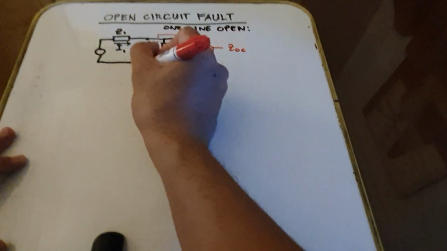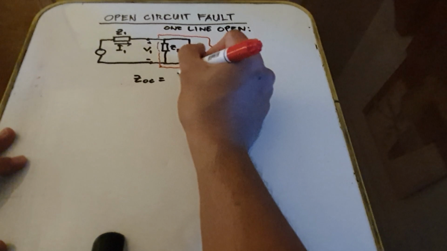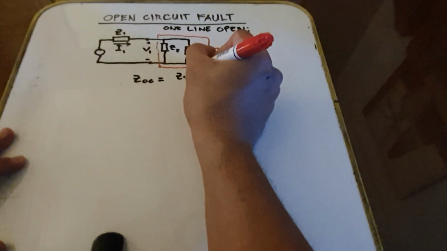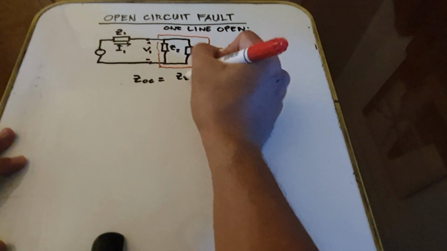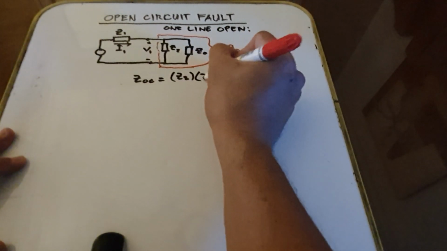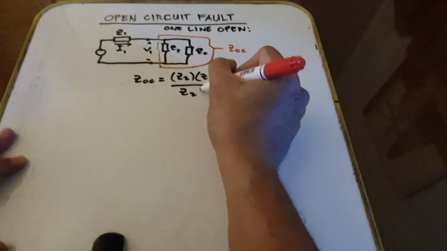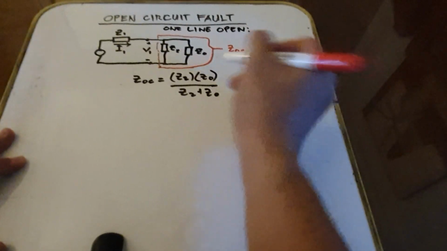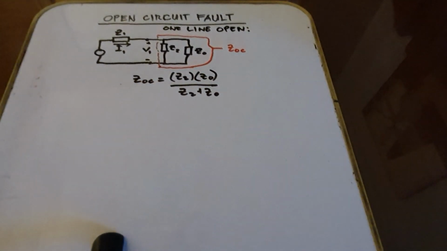So therefore Z0C is equal to the parallel equivalent, Z0 times Z2 over Z2 plus Z0.